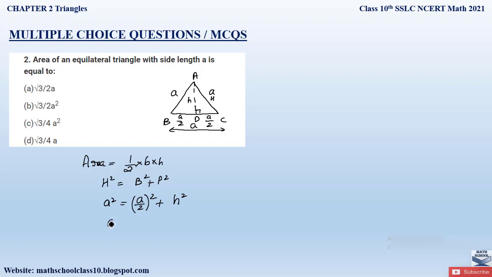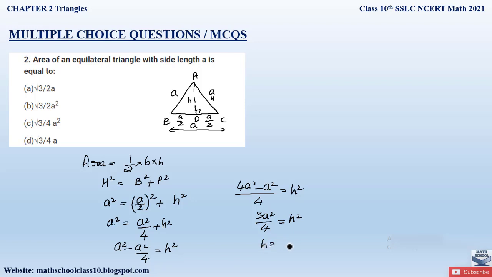So this will be A square equal to A square divided by 2 square is 4 plus H square. Sending this A square by 4 to the left hand side, we get A square minus A square by 4 equal to H square. Taking LCM here, we get 4A square minus A square divided by 4 is equal to H square, or this will be 3A square divided by 4 equal to H square, or H is equal to square root of 3A square divided by 4.